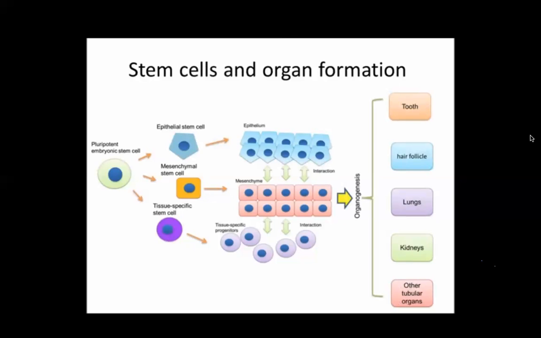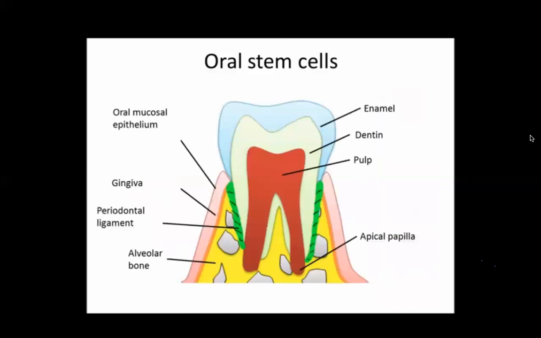When the organism matures, the pluripotent and multipotent stem cells divide and become progenitors. Adult stem cells then reside in tissue to sustain their strength and nourish. Adult mesenchymal and epithelial stem cells make oral tissue. Here's the diagram of a mature tooth.